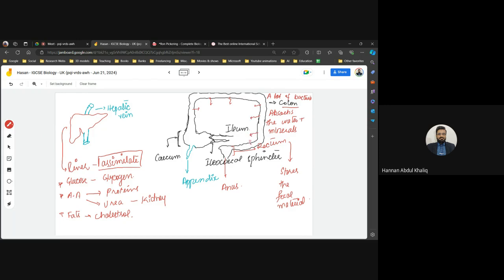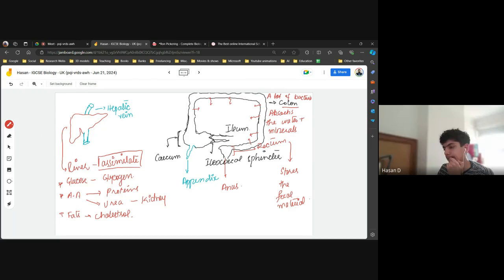If this water is absorbed less, then it would be diarrhea. And if it is absorbed in a high amount, then what would happen? I'm not sure.